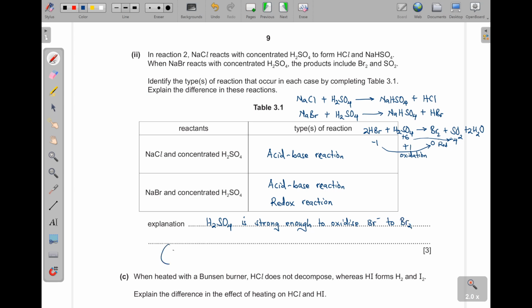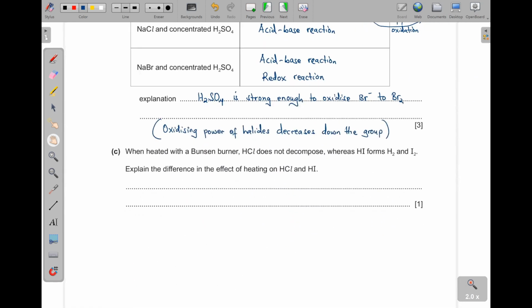Okay, or I can say the oxidizing power of halides decreases down the group.